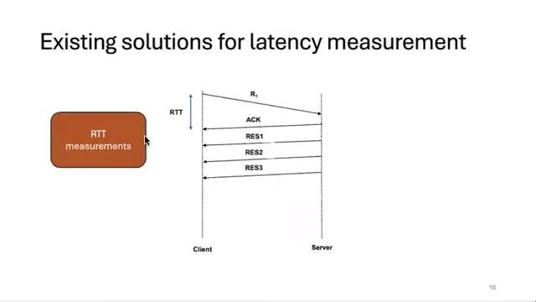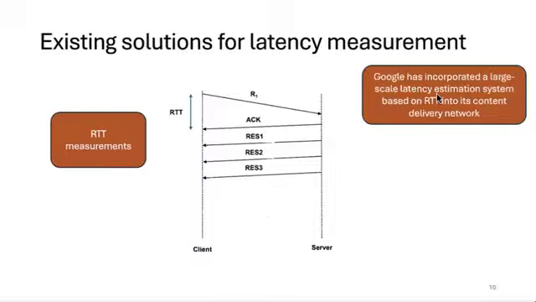Another kind of measurement is RTT measurement. RTT measurements are usually done by an intermediate node by associating the sequence number of the request, which is available in the transport header, with the acknowledgement number in the response. RTT is calculated as the difference between the time at which a request has been received and the time at which the corresponding acknowledgement or response has been received.